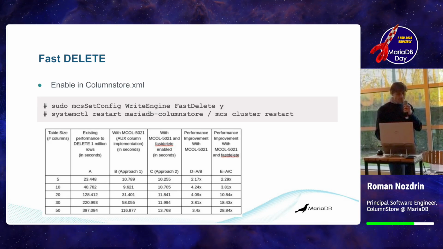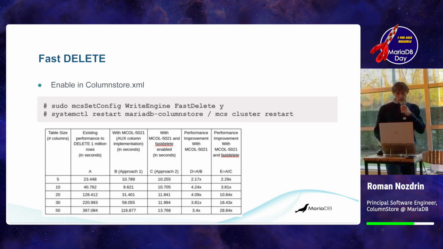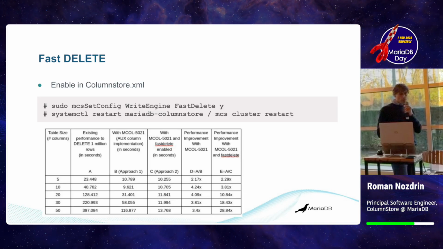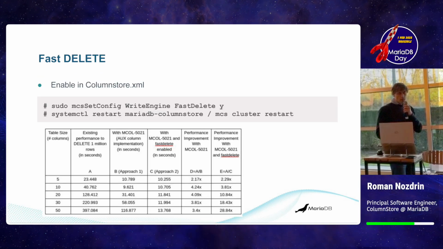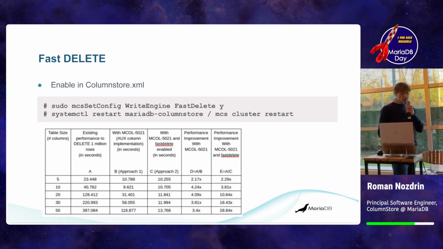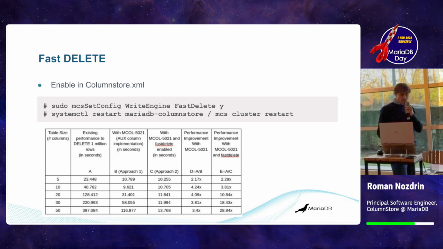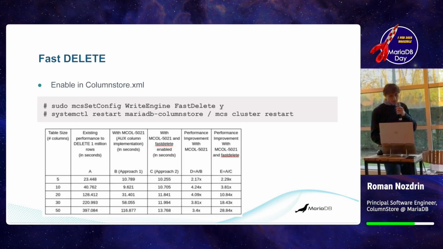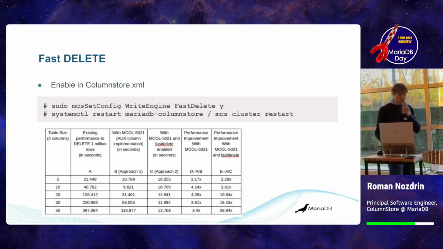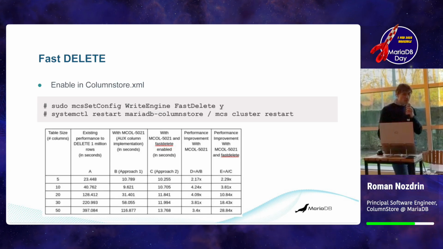You want to pay attention to the difference between the second column from the left and the fourth column. And the last column has the speed up. So you can see it also varies depending on the size, but we are not talking about billions of rows here.